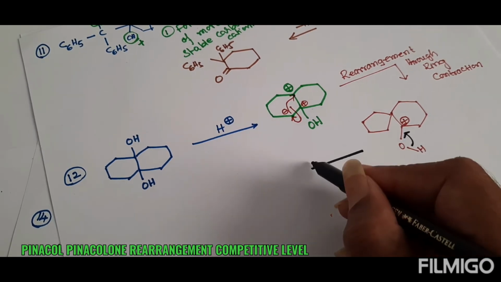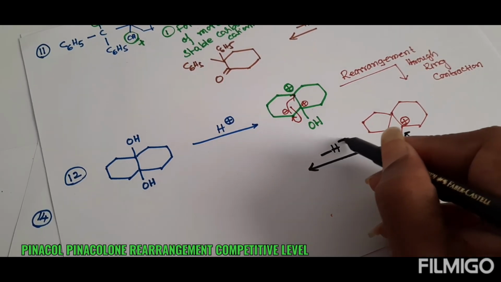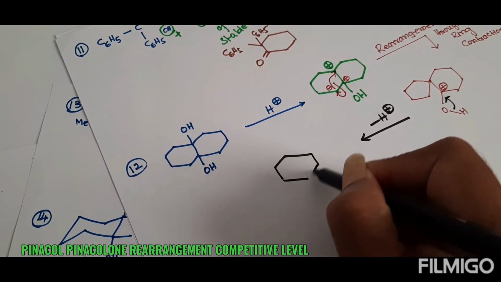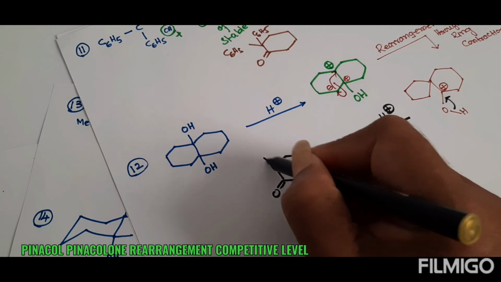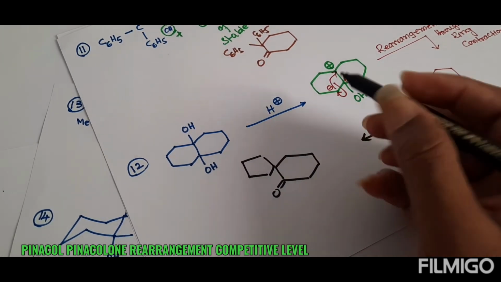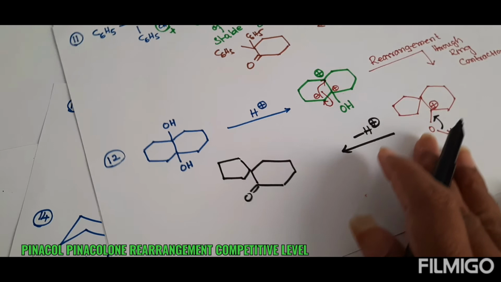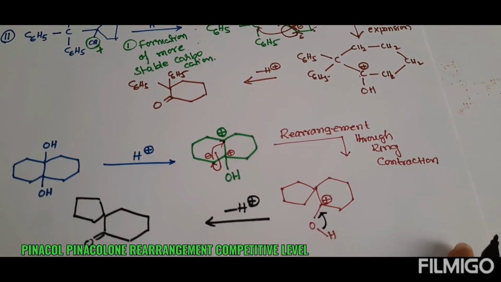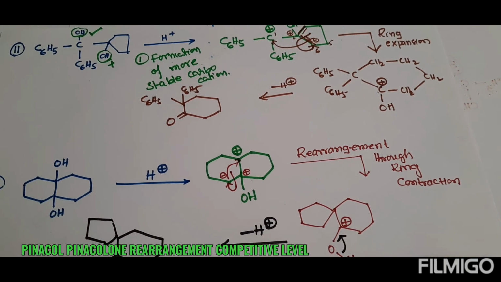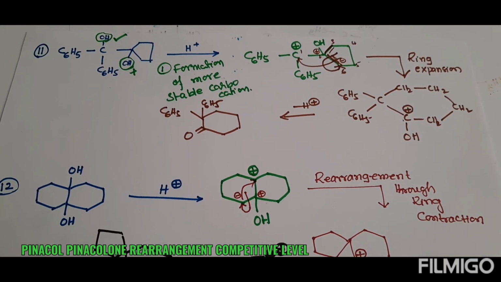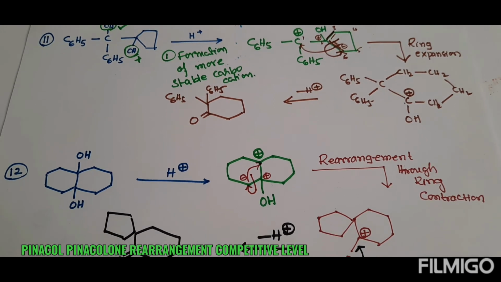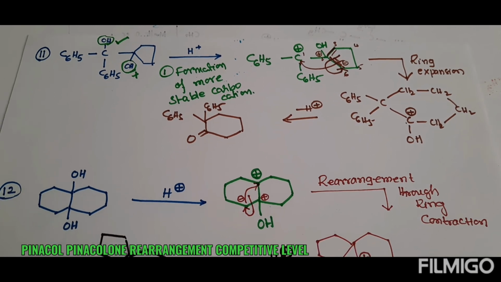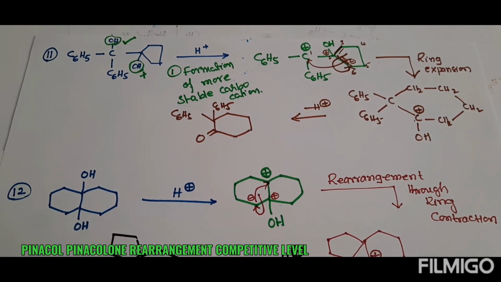As a result, the product is minus H plus. A spiro compound will form. This is the way to convert the given compound into a ketone by pinacol rearrangement. Please observe the total mechanism. This is all about pinacol rearrangement.